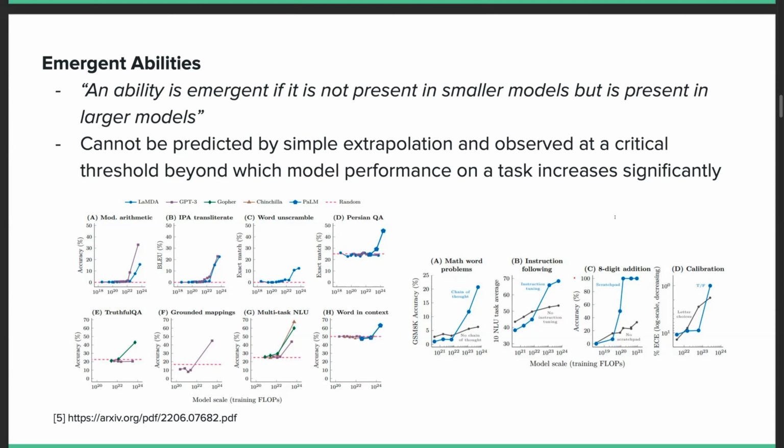On the y-axis, you see the accuracy, which is the model performance. And on the x-axis, you see the amount of floating point operations used to train the model. So higher floating point operations would mean it's a bigger model if the training data remains the same. You can see that at certain points in the graph, there is a spike in the performance. And that's when we say that these models are exhibiting emergent properties.